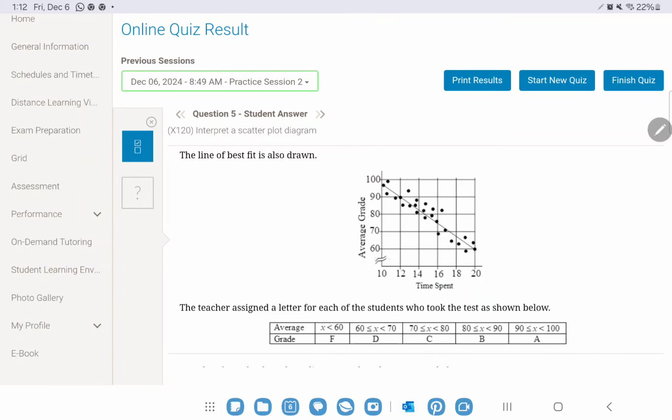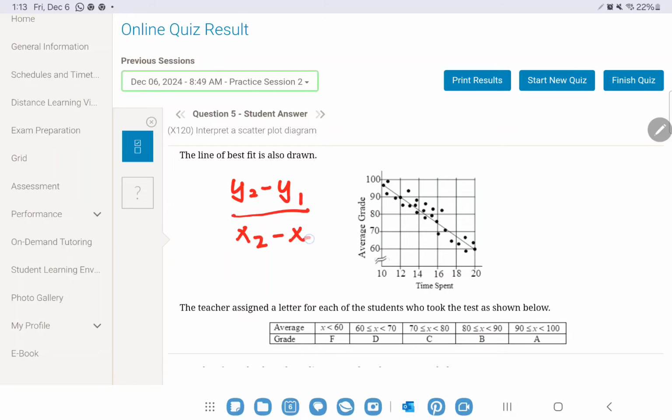So for the best fit line, you need to find the equation. I don't know if you remember this formula from grade 8, y equals mx plus b. You need to write it in this form and then move it around to the form they want. So let's find the slope first, and then we can find the rest. To find the slope, you need to use the slope formula, which is y2 minus y1 over x2 minus x1.